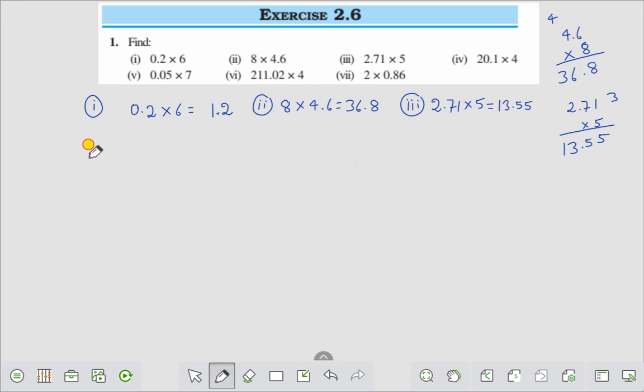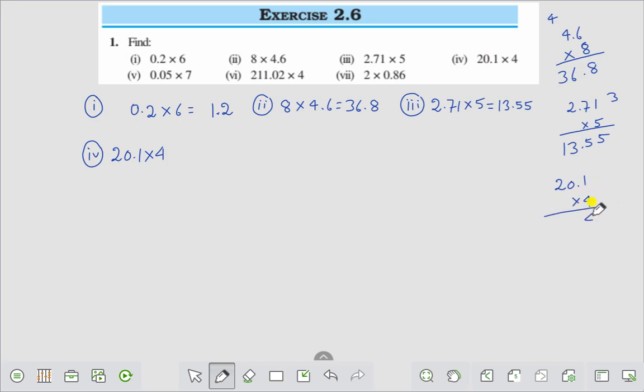Now question number 4 is 20.1 into 4. That will be equal to 20.1 multiplied by 4.